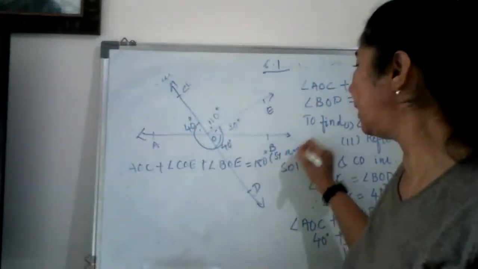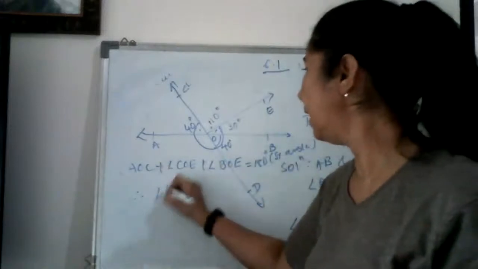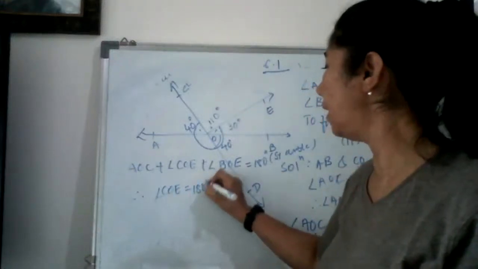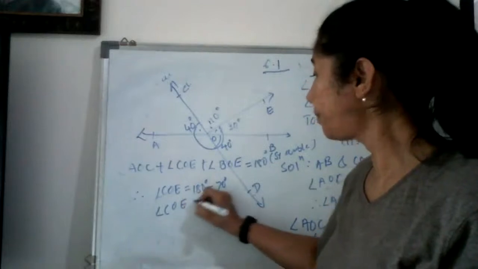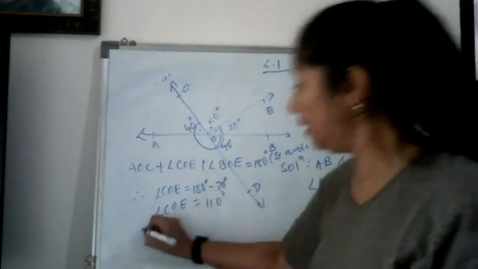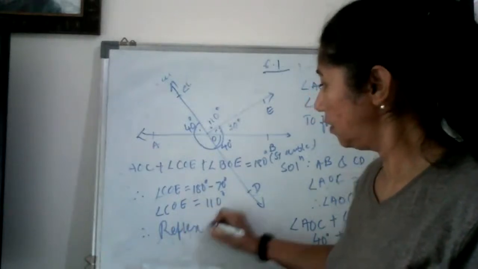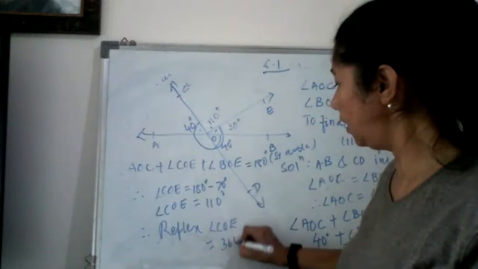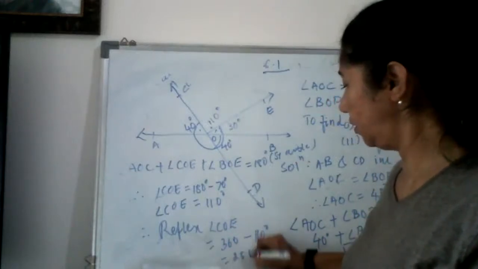Because it is 180 degrees, the sum is 180 degrees. And hence here, angle COE will be, directly you can say, 180 minus 70. So we get 110 degrees. And therefore, reflex angle COE will be 360 minus 110. So that is 250 degrees.